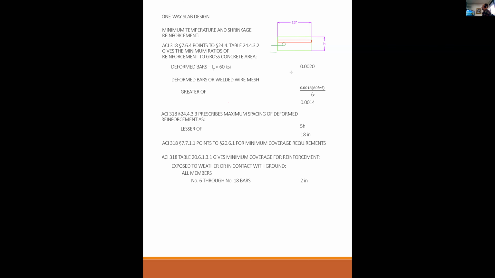Well, in one-way slabs, I take it back, we do specify that. The bars going parallel with the span should be put on the bottom because they're the most important. And the bars going transverse or perpendicular to the direction of the span go on top of them because they're there just for temperature and shrinkage. They are not there to resist any kind of load.